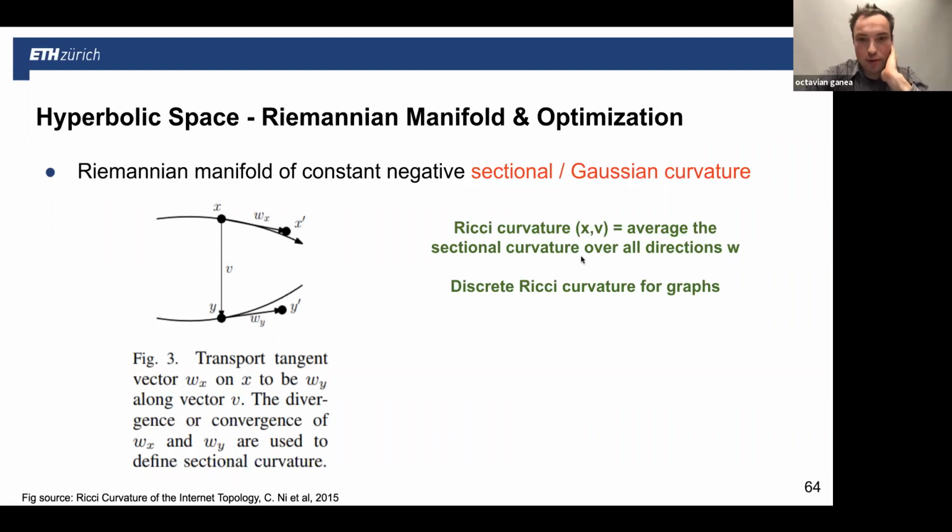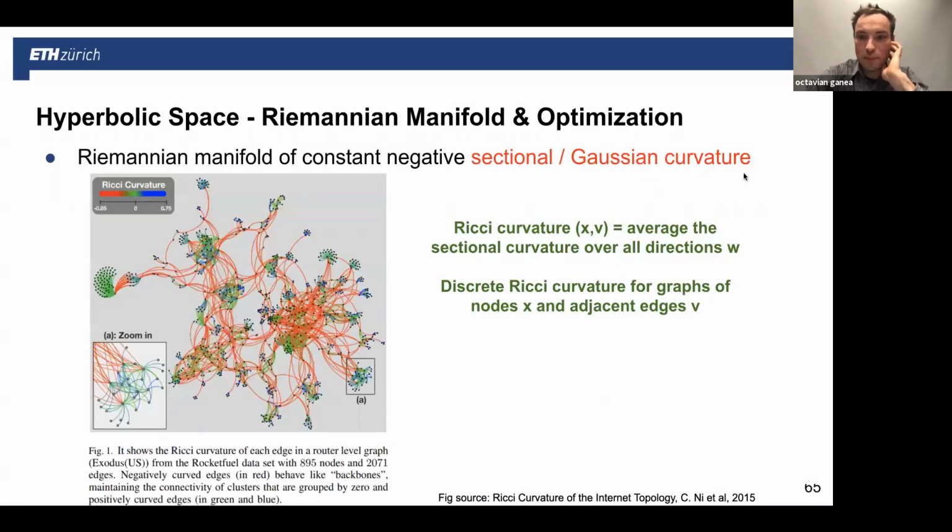People have taken this Ricci curvature concept to discrete structures like graphs. For graphs, you can do it for every node, and instead of a vector v, you just take adjacent edges. They have used this to measure the curvature of edges in the internet graph, the internet topology. You can see on the left side the Ricci curvature of every edge on this graph.